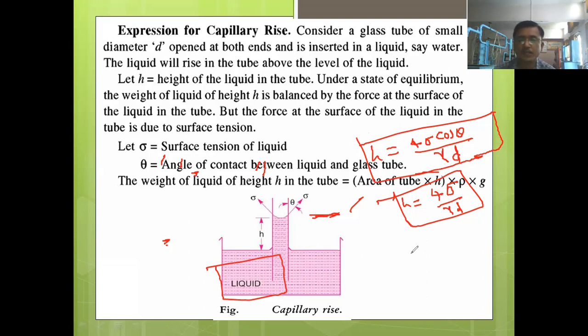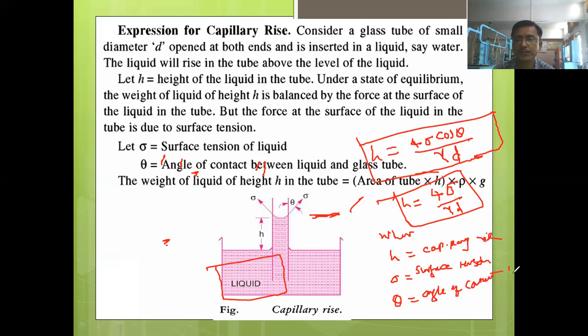Then below that, write down where h is equal to capillary rise, then sigma is equal to surface tension, then theta is equal to angle of contact between water and glass tube, then gamma is equal to weight density, d is equal to diameter of glass tube.